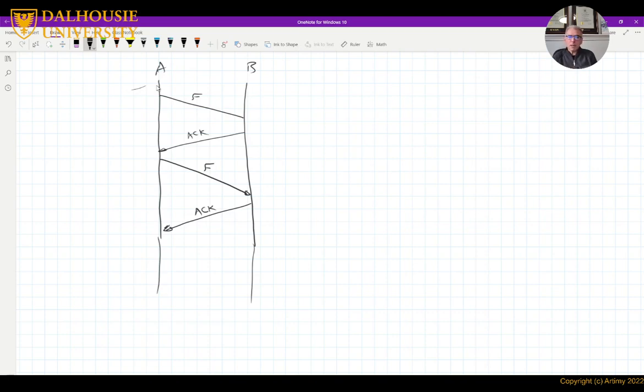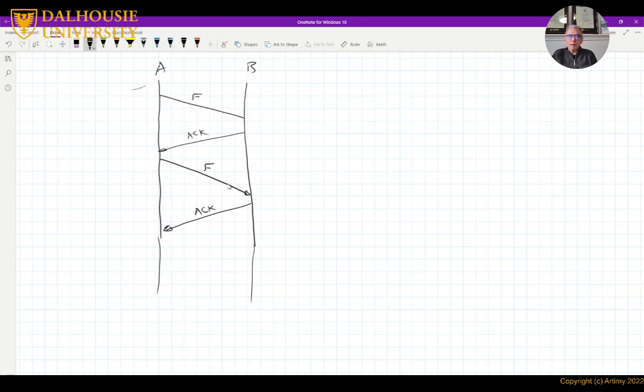The stop and wait mechanism is actually used for two purposes: flow control and error recovery, which is called automatic repeat request. So let's take a look at the flow control purpose. In flow control, A sends a frame, B receives the frame and sends the acknowledgement.